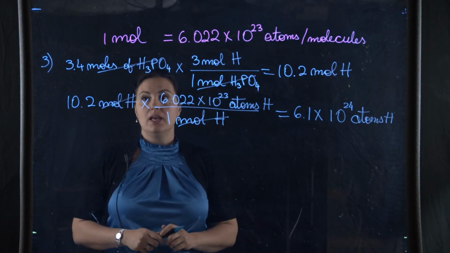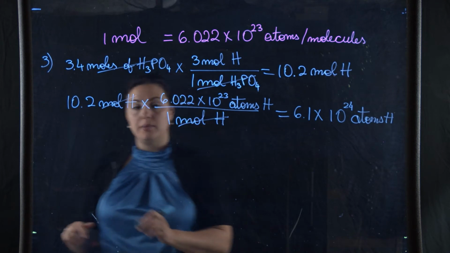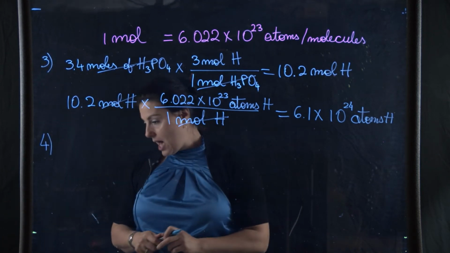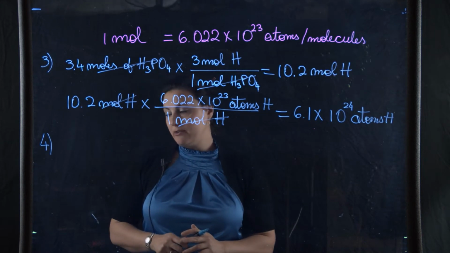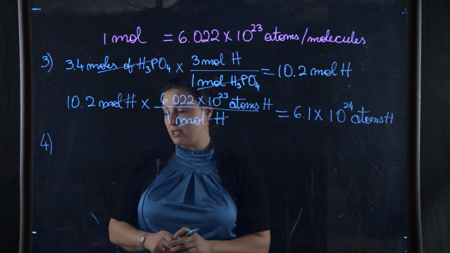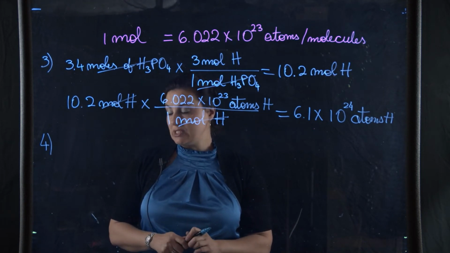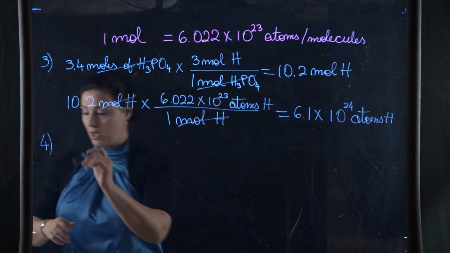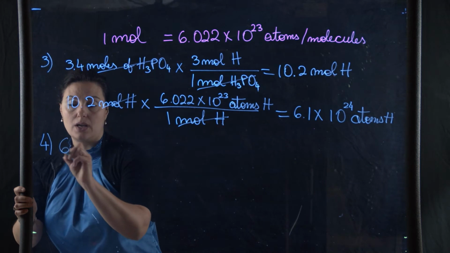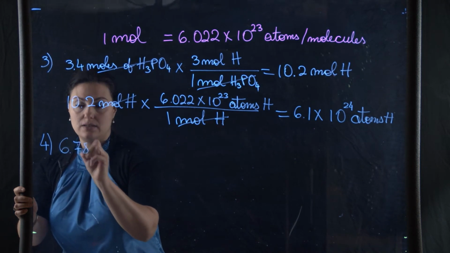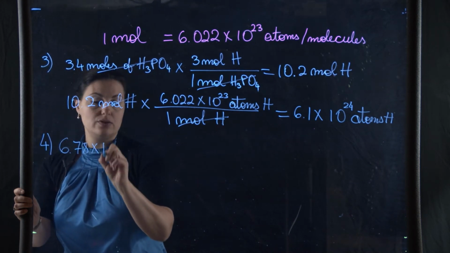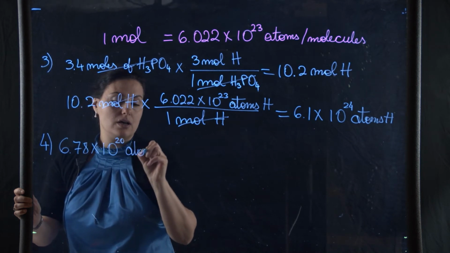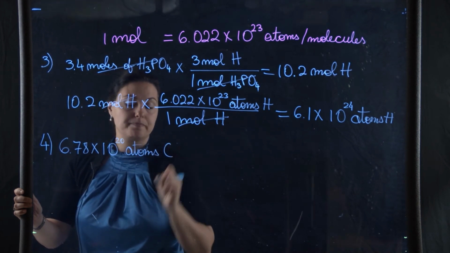Okay, let's take a look at the last problem, number 4. How many moles of benzene, C6H6, are there in 6.78 times 10 to the 20th atoms of carbon? What am I given? 6.78 times 10 to the 20th atoms of carbon.